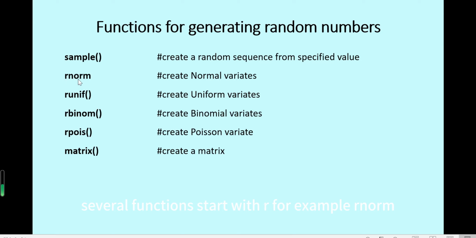For example, rnorm creates normal variables, runif gives a uniform distribution, and rbinom and rpois generate binomial and Poisson random numbers. You can also combine these functions with a matrix to create a matrix of random numbers. Next we will show examples in RStudio.